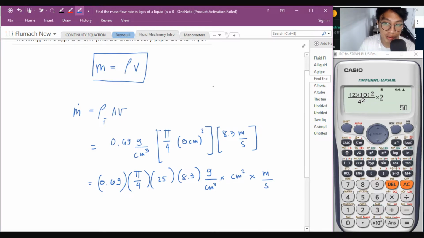Anong gusto nating unit? Kilogram per second. Ngayon, may mga cancel dito. Cancel natin. May matirang isa. Cancel to. Zero na yan. May nakatirang isa dito. Yung gram, kailangan natin maging kilogram. O, di-multiply mo to dito ng ilan. So, ilang grams per kilogram? You have 1 kilogram in 1,000 grams.